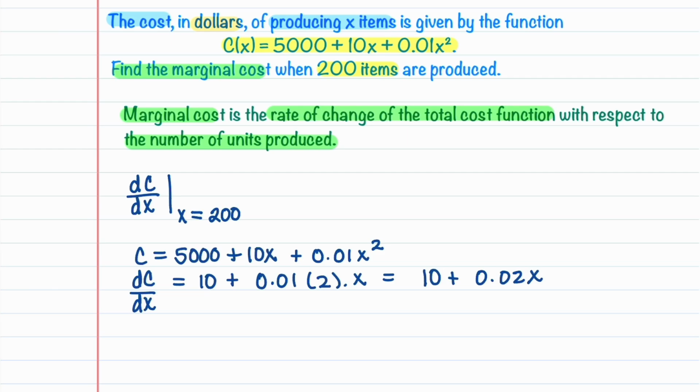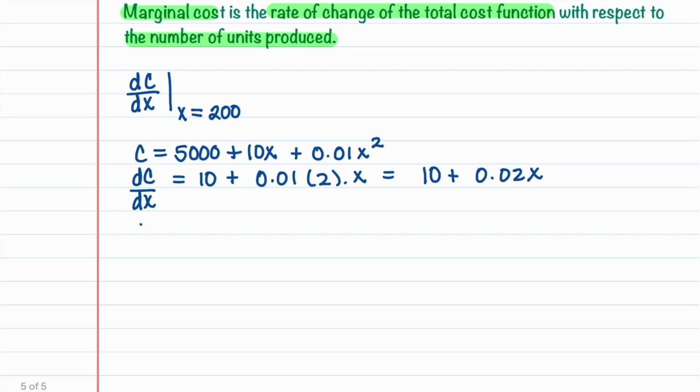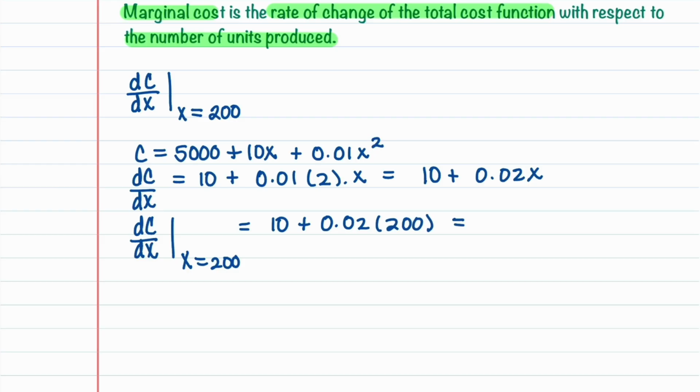Now let's find what this value is equal to when x is 200. So dC/dx, when x is 200, is equal to 10 + 0.02 times 200, and this is equal to 10 + 4.